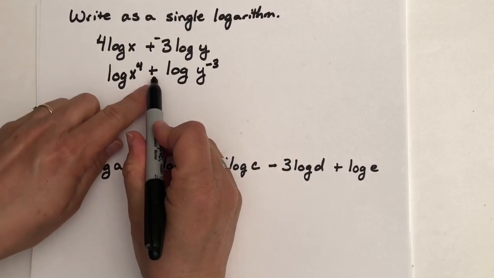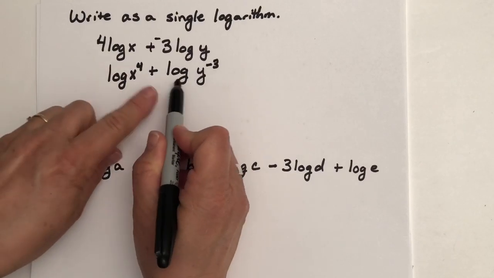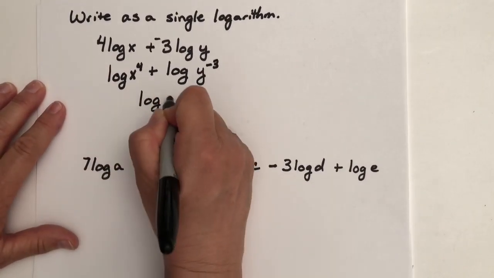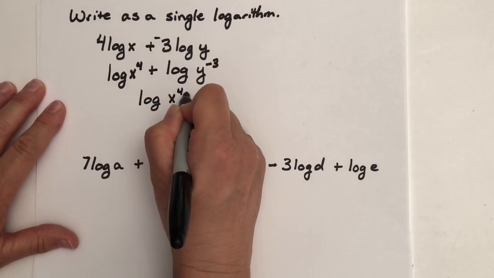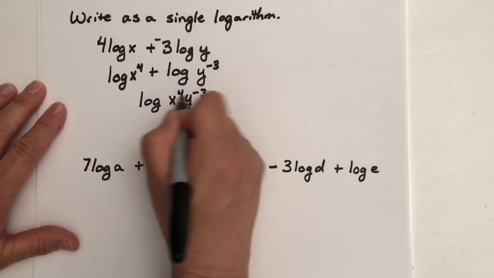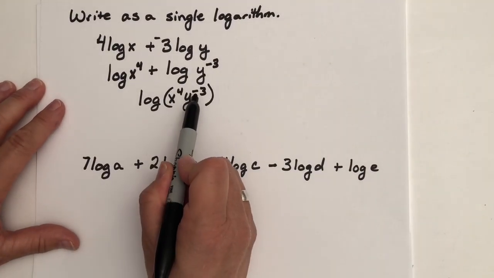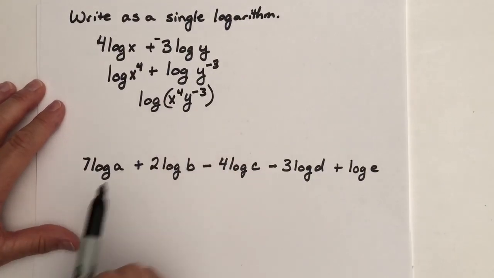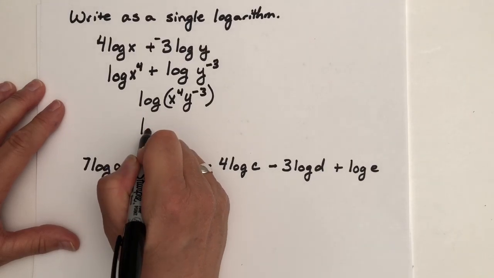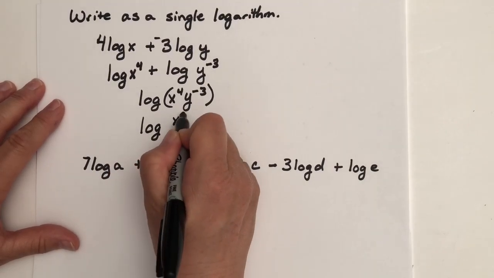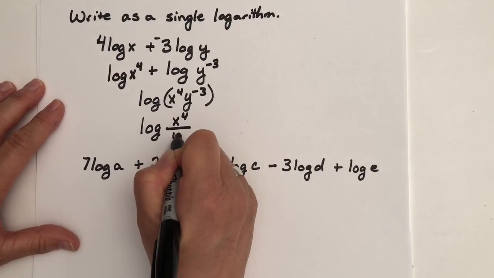Now I see this addition here, so I put those together with a product. So I have the log of x to the 4th, y to the -3. But as you know, a negative exponent implies it could be moved to the denominator and changed to a positive exponent, and we have the log of x to the 4th over y cubed.